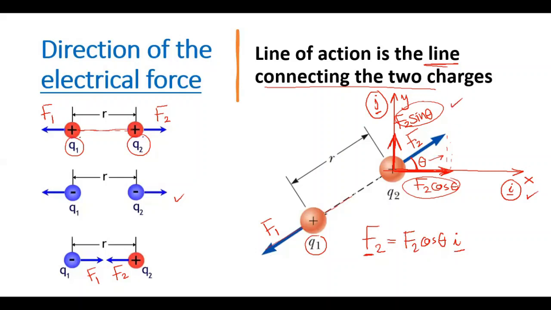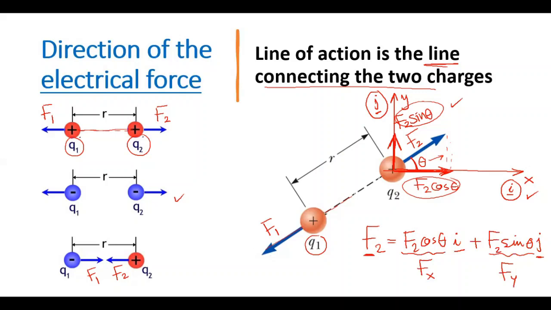Here the component is upward, with j, so I'm going to write it positive, F2 sine theta in the j direction. This is how to resolve the force and write two components. The horizontal one we can call Fx, and the vertical component we call Fy. Now we have completed how to write the force as a vector.